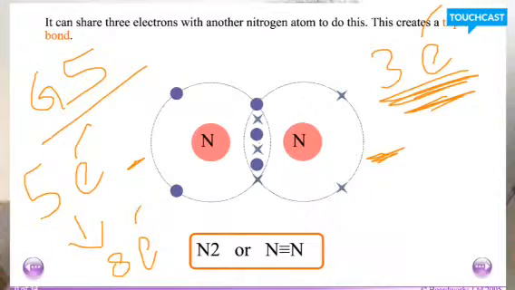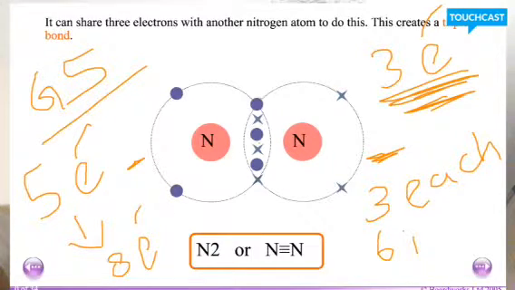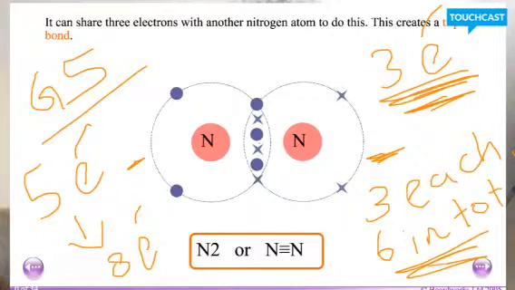So 3 each, 6 in total. When you have 3 each and it's 6 in total, we call it a triple bond.